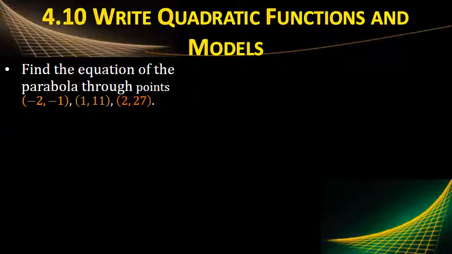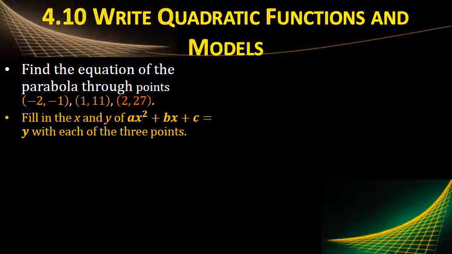So find the equation of the parabola through these 3 points. I'm going to take my ax squared plus bx plus c equals y, and fill in x and y from each point. So my first point, filled in -2 for x, -1 for y, and simplified it.